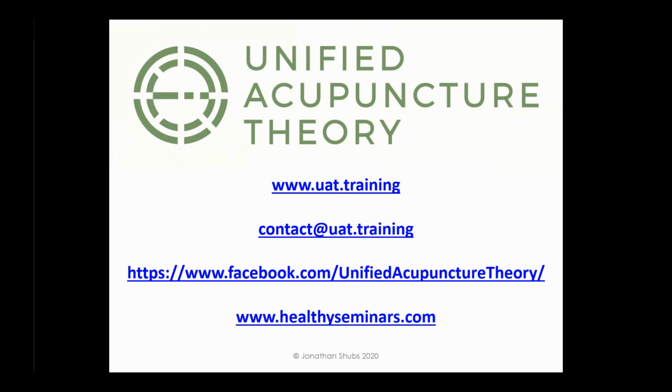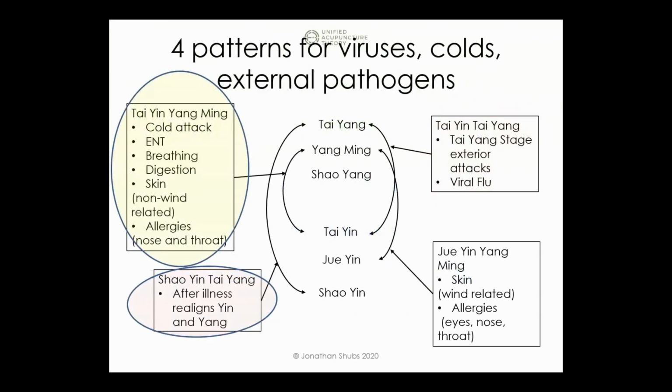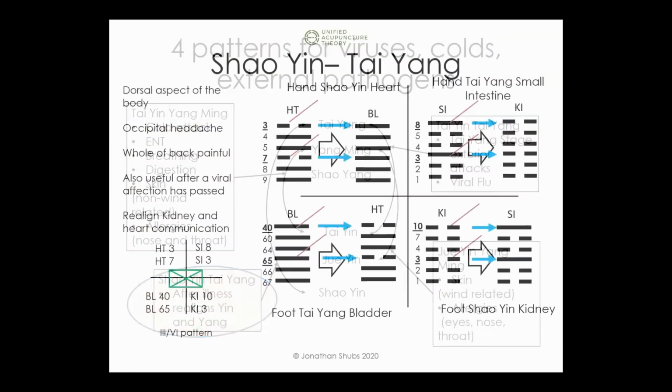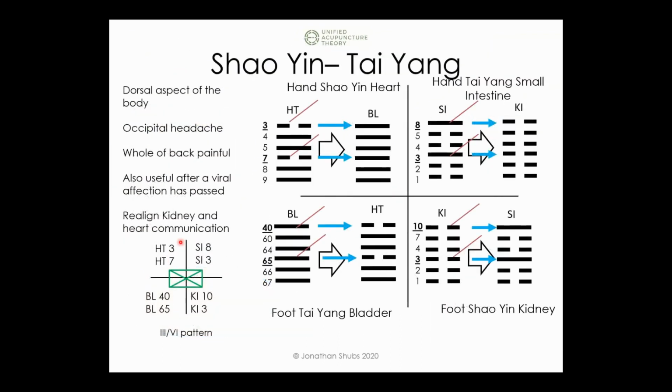There's one question here, sorry for clarification: Tai Yin, Yang Ming, all dispersed? I'm just going to go quickly back to this aspect of it. When we go into these types of patterns, remember that there's no dispersion or tonification. It's just putting in the needle.